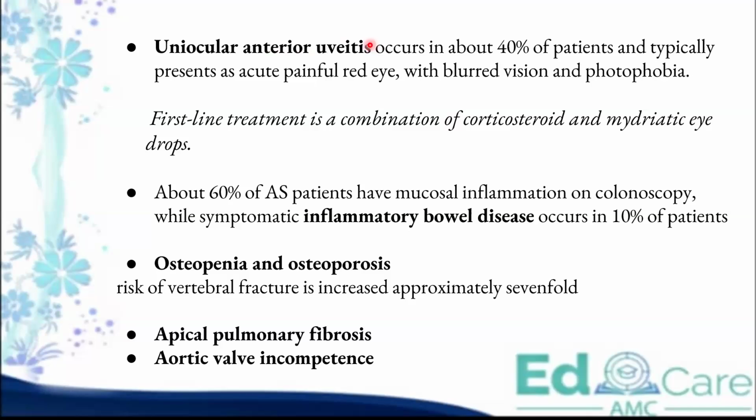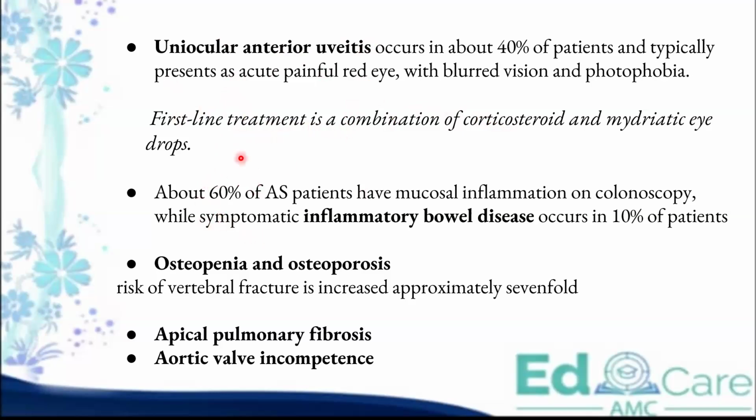Those ragged edges, how you find those, right? First line treatment is a combination of corticosteroid and mydriatic eye drops. This has been an MCQ. Anterior uveitis, what is your first line treatment? This has been a past question, right? Combination of steroid and mydriatic drops.